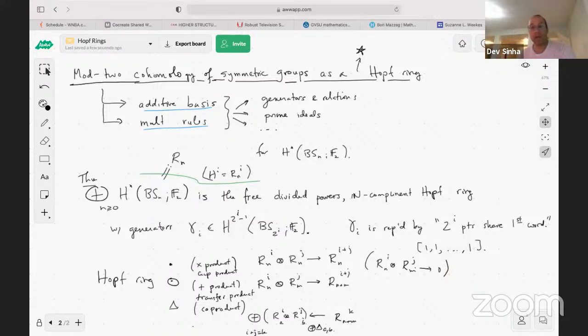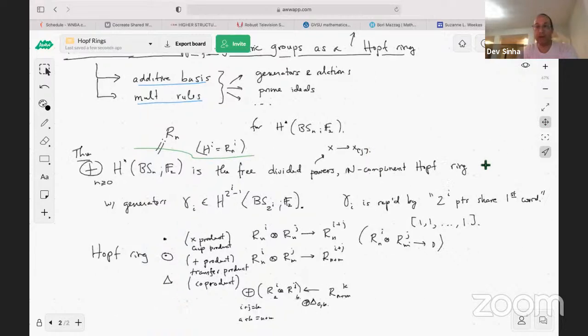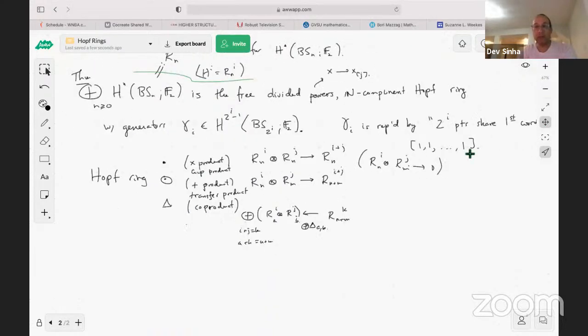And divided powers means you've got a divided power structure, you've got these divided powers operations. We use subscripts. And the point is that this is compatible when you've got a divided powers structure in a bialgebra.